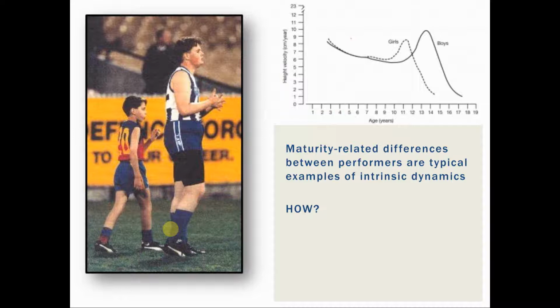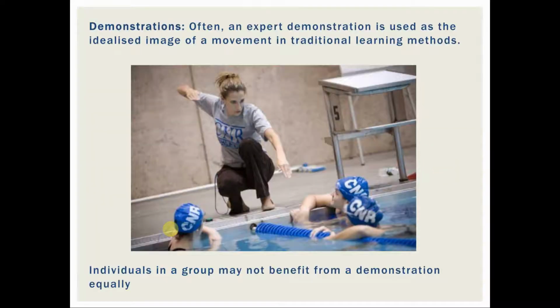So there are huge inter-individual differences that are not necessarily related to someone's skill level either. They can be related to someone's body size differences, right? So it's not just dealing with different skill levels that's important for practitioners, it's also dealing with huge inter-individual differences in body size, right?